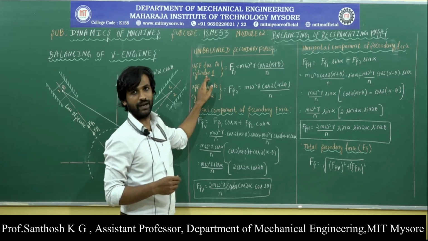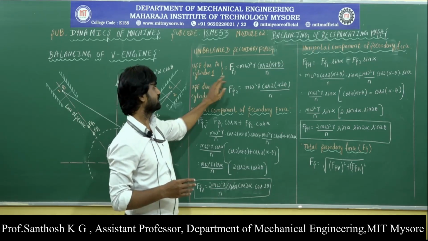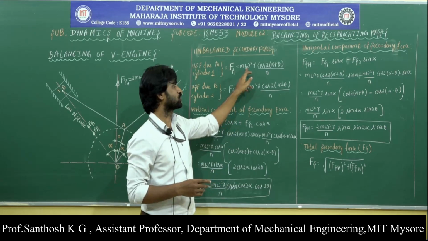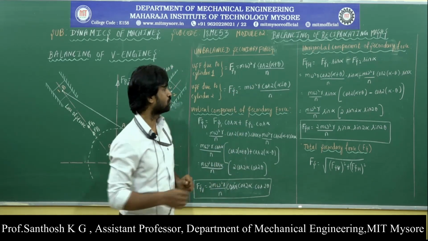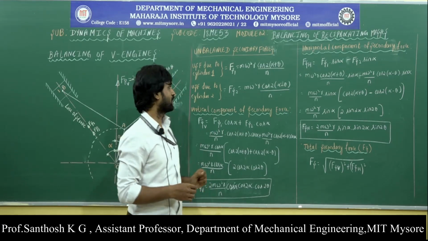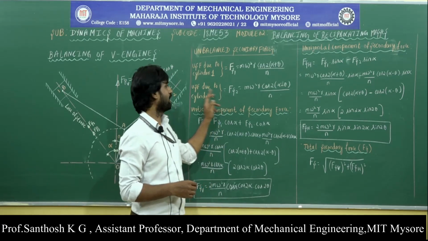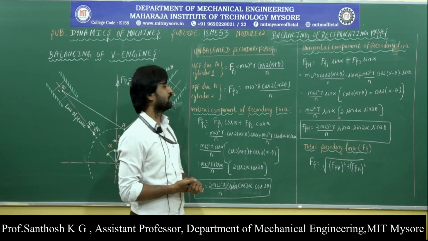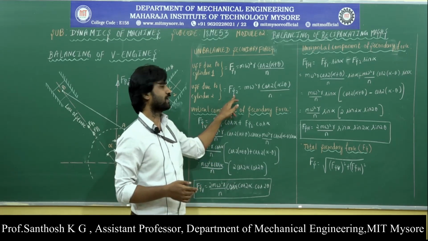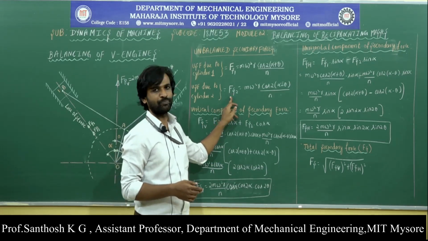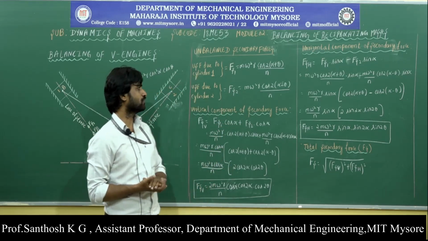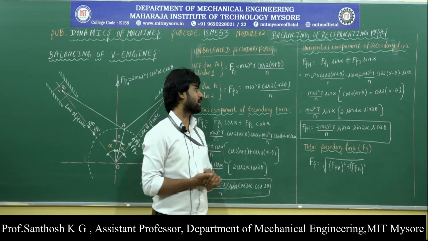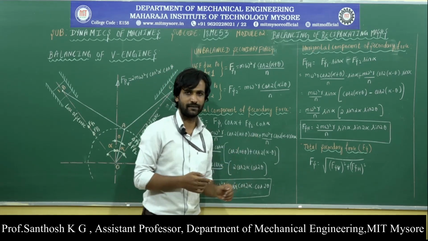The unbalanced secondary force in cylinder 1 is equal to m omega square r into cos of 2 times alpha plus theta divided by n. Similarly, the unbalanced secondary force due to cylinder 2 can be calculated using the equation Fs2 equals m omega square r into cos of 2 times alpha minus theta divided by n.